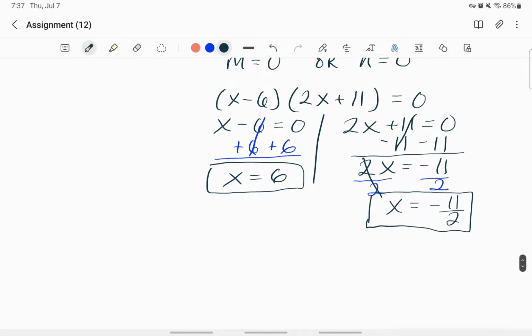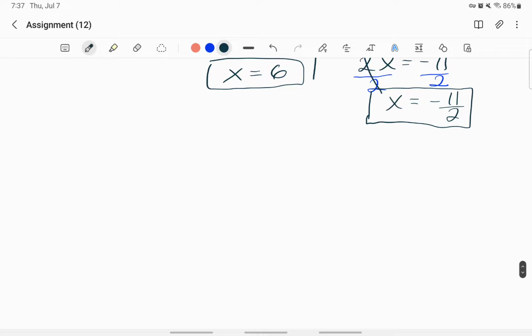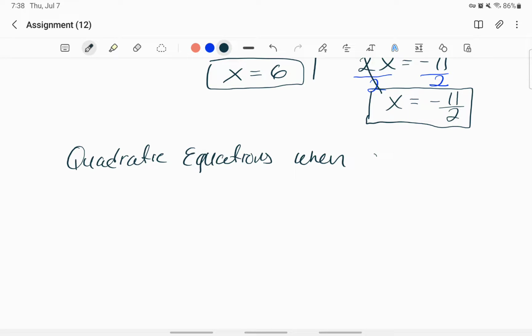For example, let's start off small. And we're going to focus on the first main type of quadratic equations. So let's say quadratic equations when a is equal to 1.